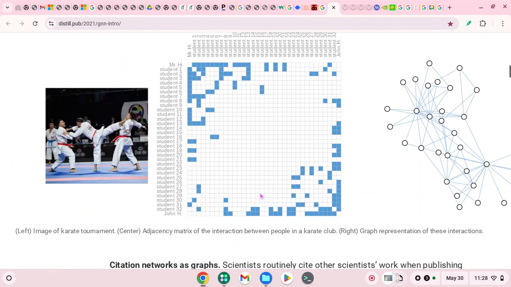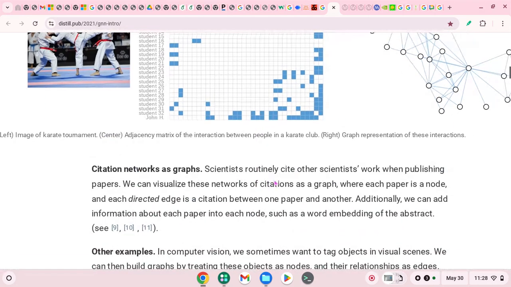And similarly, in image segmentation, each object or image segment can be identified through its relationship with the other objects through these graphical structures. And these adjacency matrices are not as symmetric or structured as in pixel-based images or text data.